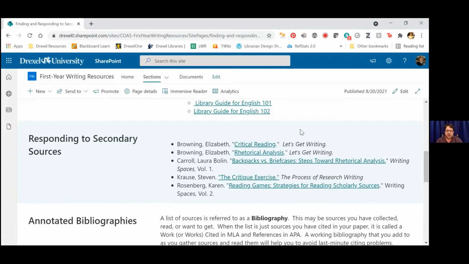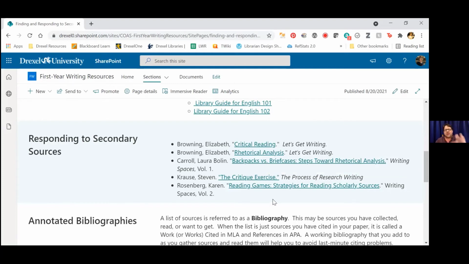If I were teaching it, I might use the critique exercise of Stephen Krauss, and the people I was looking at are using the backpacks versus briefcases one. You can use one or the other, or look at them both and let students pick whether they want to do a critique or a rhetorical analysis.